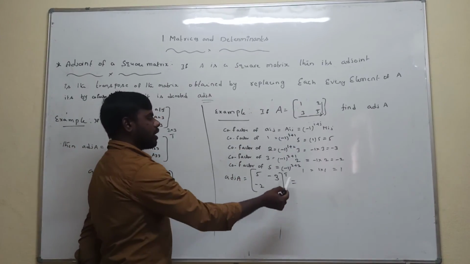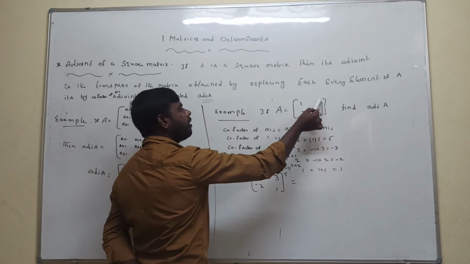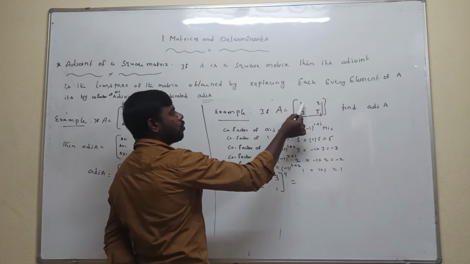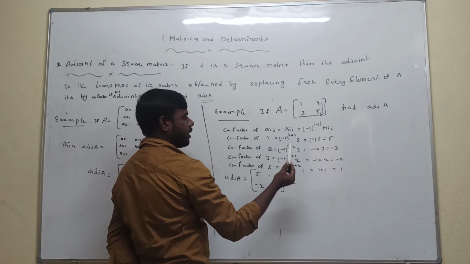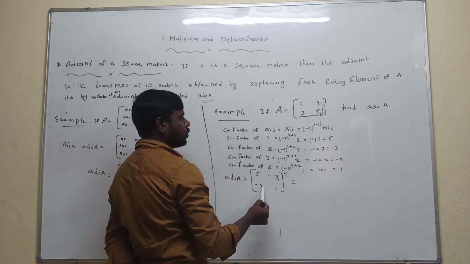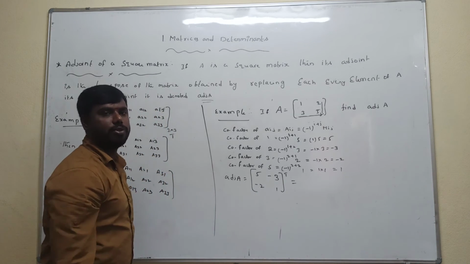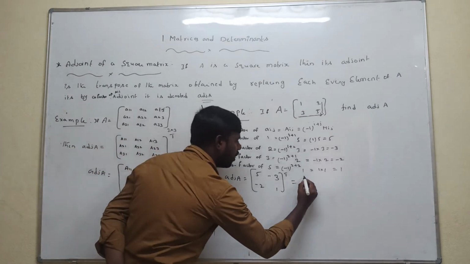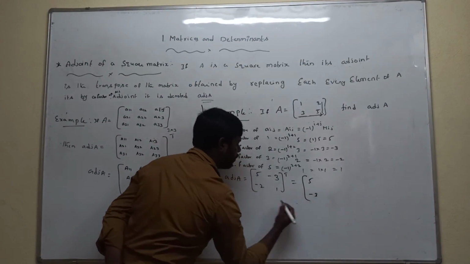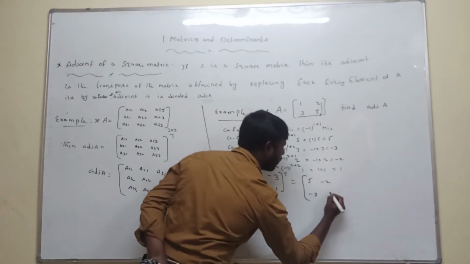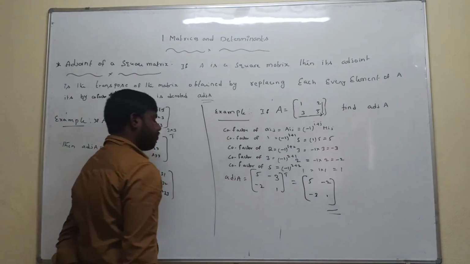The cofactor of 1 is 5, of 2 is -3, of 3 is -2, and of 5 is 1. Next we calculate the transpose of the matrix by interchanging rows and columns: the first row becomes the first column, and the second row becomes the second column. So this is the adjoint of A.